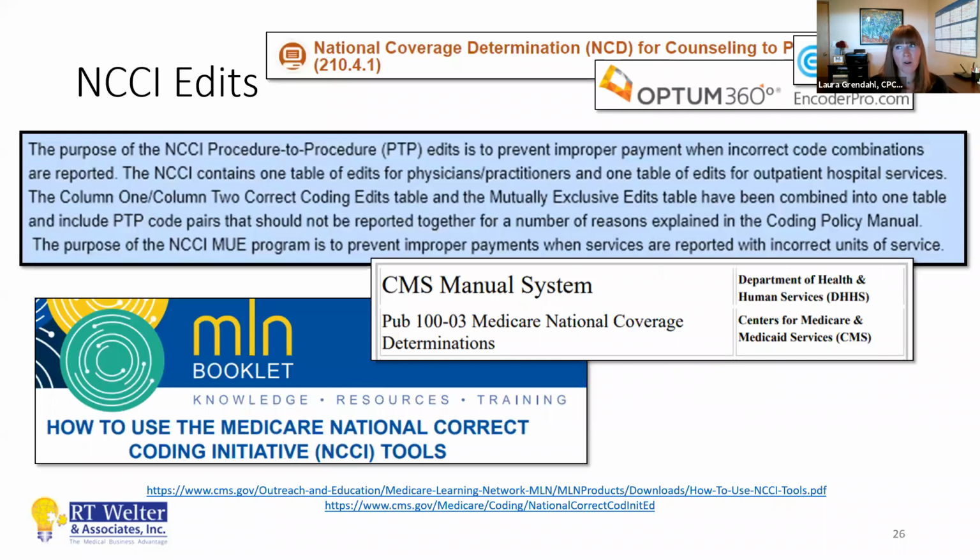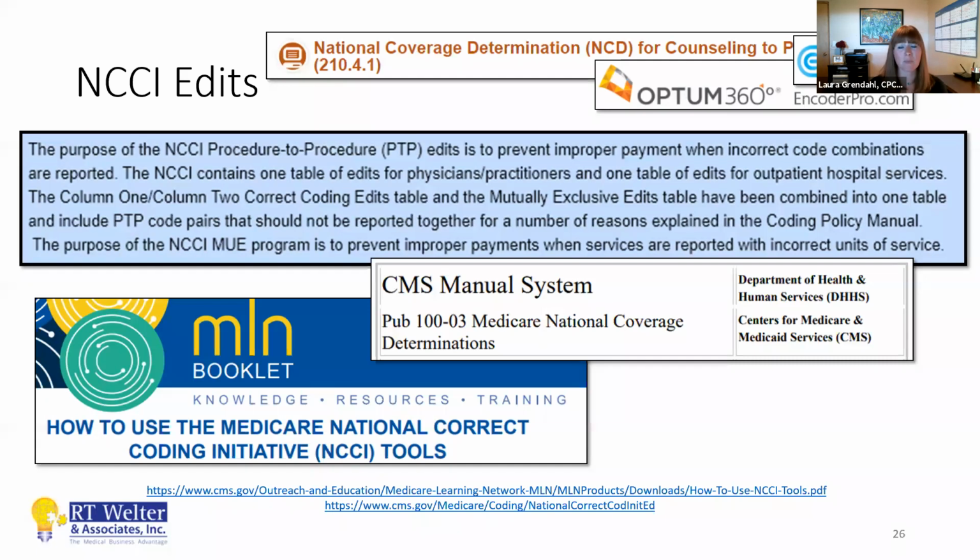Another really big part of billing is our NCCI edits and our MUEs. These are put out by CMS, the Centers for Medicare and Medicaid. What do these edits mean? If I'm getting a denial, why are these codes being denied?